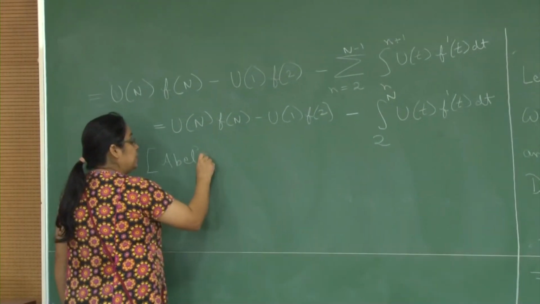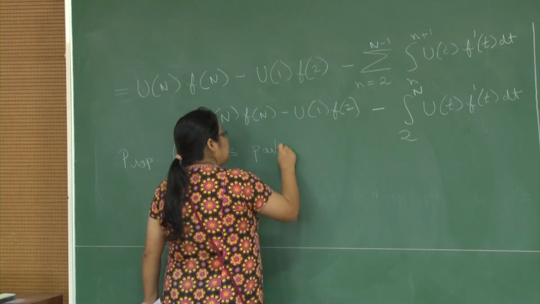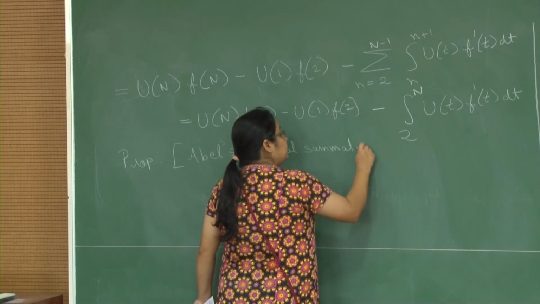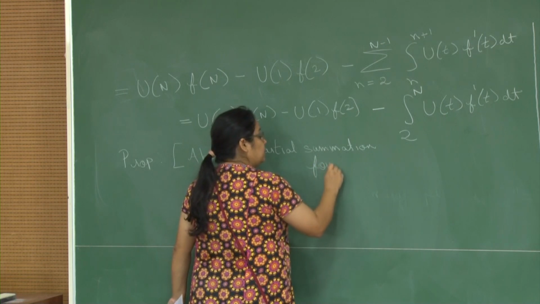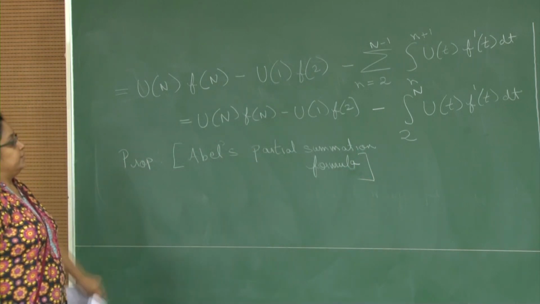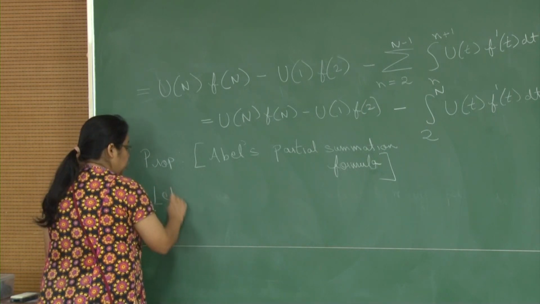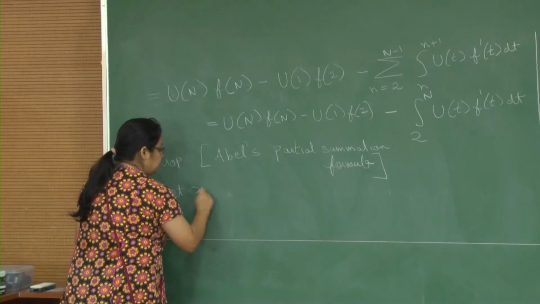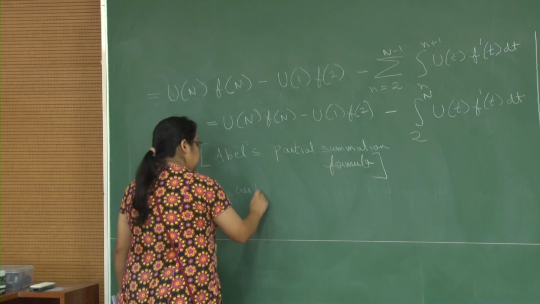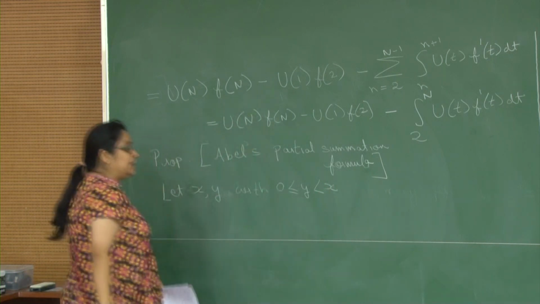It has two forms, we will write both, they are essentially equivalent to each other. So, what is this formula? It says the following. Let us take non-negative real numbers x and y with y strictly less than x.